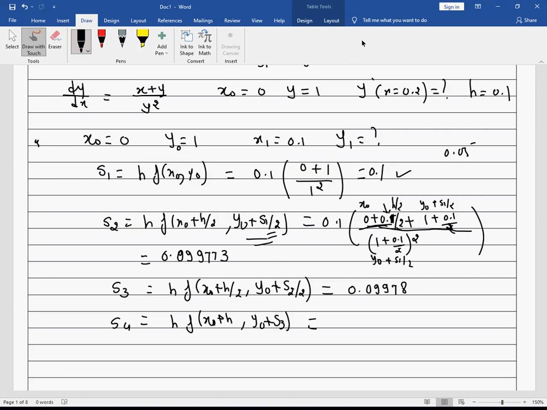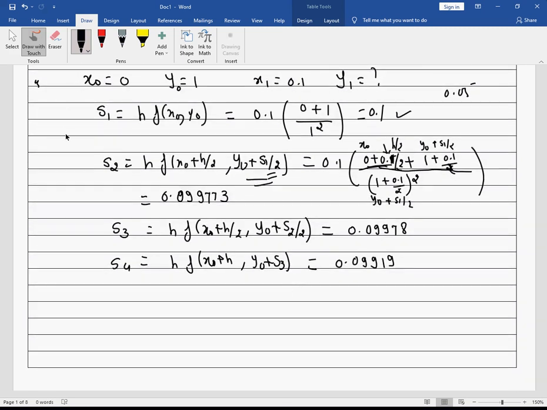Anybody can provide the answers. Okay, so what I see is 0.09919. Up to this everybody is matching, so I write up to this only. Okay. So these are the S1, S2, S3 and S4 values.